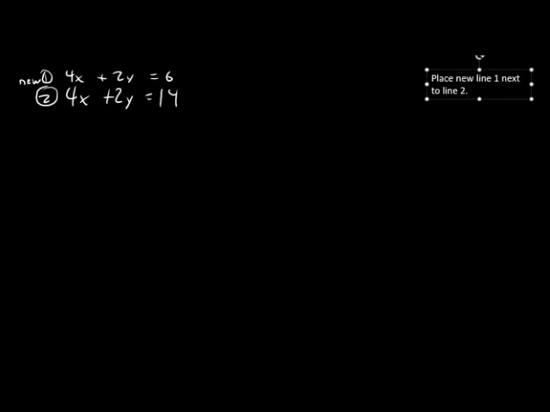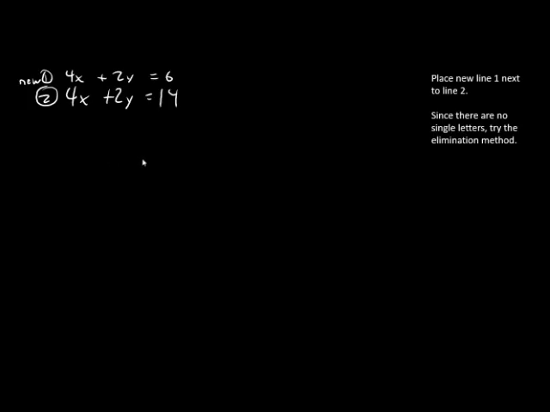Since we don't have any single letters anywhere in the equations, we'll try to use the elimination method. You may notice that the x terms, 4x in line 1 and 4x in line 2, are exactly the same. When you have x terms that are exactly the same, we can now just take line 1 minus line 2.